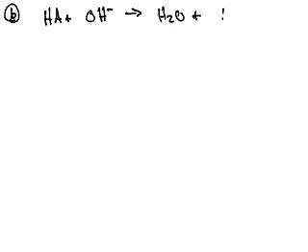All right, letter B. Calculate the concentration of the sodium salt of aspirin at the endpoint, and then calculate the Ka for aspirin. Calculate the concentration of the sodium salt of aspirin at the endpoint. All right, so let's rewrite our equation. We had HA plus hydroxide make water plus A negative.